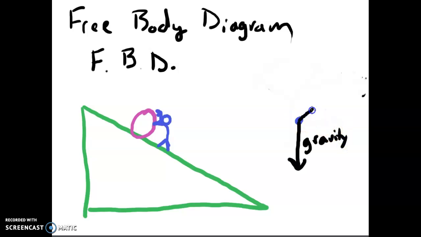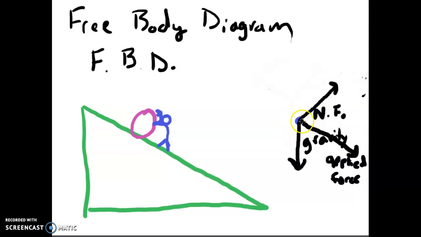The ramp is still slanted, so still got normal force. Let's just call it NF, normal force, abbreviate it. And in this case, we don't have anything pushing up on this person, but rather we have the ball pushing down. And then we could call this, again, the ball is applying a force, so we might call it the applied force. Okay? But notice how this free body diagram, the one of the person, looked different than the one with the ball.